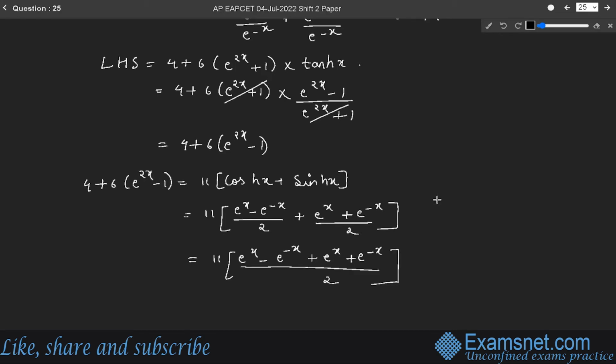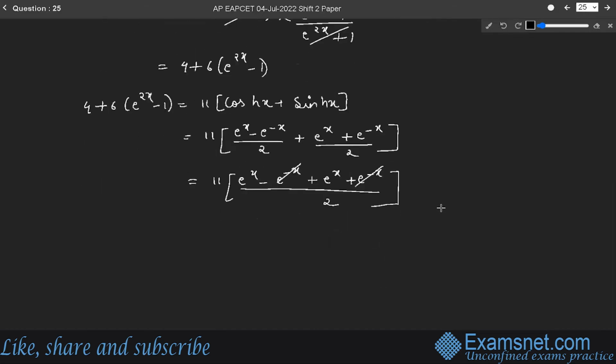From here, e^−x and e^−x will be cancelled. So this term becomes 11 into 2e^x divided by 2. Again, 2 and 2 will be cancelled, so this will be equal to 11 into e^x. Therefore, we can write that 4 plus 6 into (e^2x − 1) is equal to 11 into e^x.